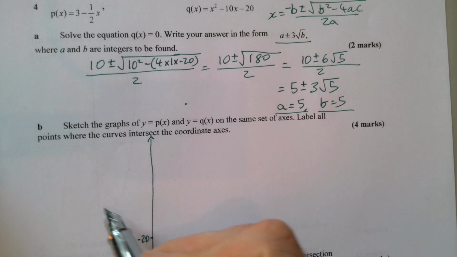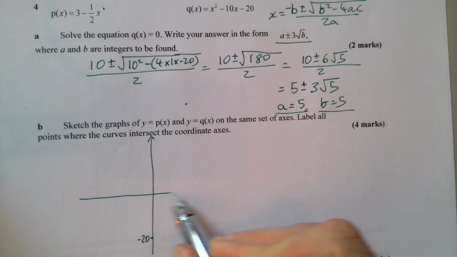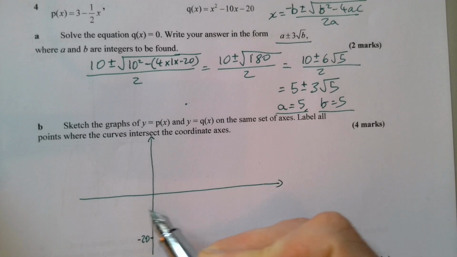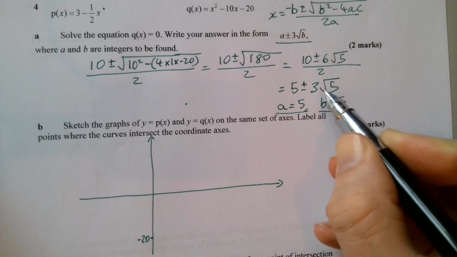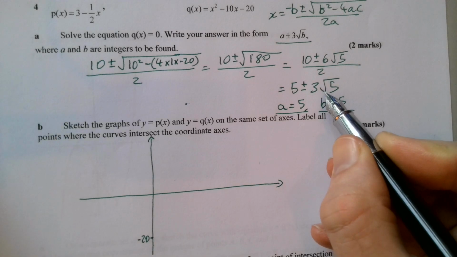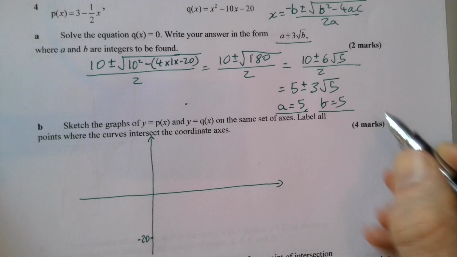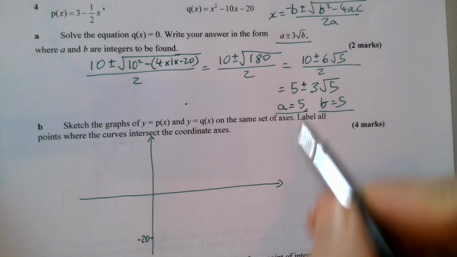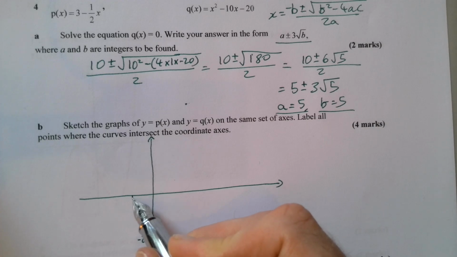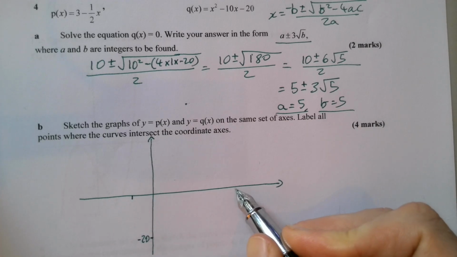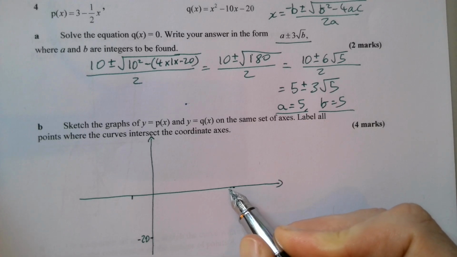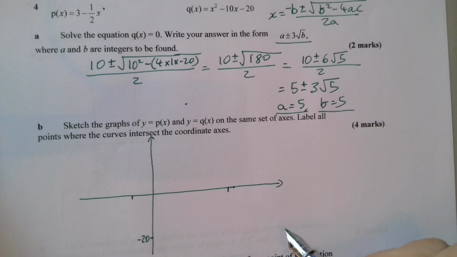I've also got a quadratic where I know that 5 plus 3 root 5, if I do that, that's 11 point something, and this is negative 1 point something. So your 5 take and your 5 plus, they're going to be sort of balancing out, looking something like this.